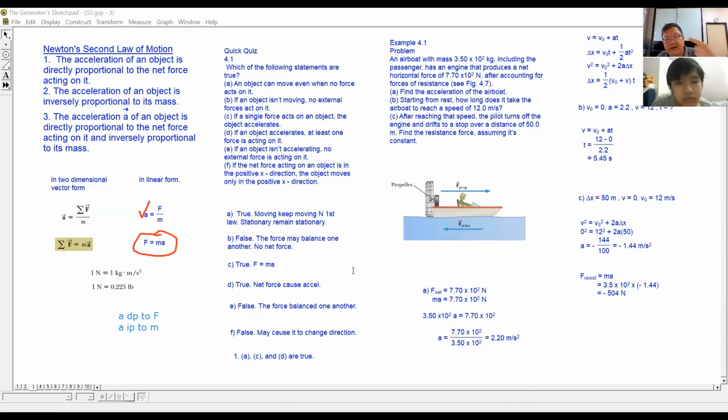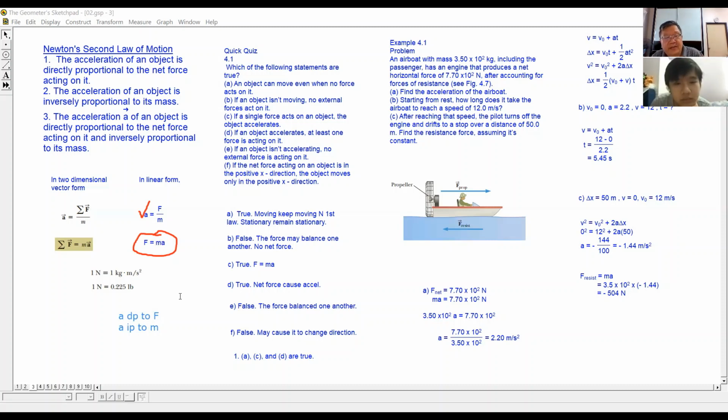So if we see the bigger the acceleration, then we know the bigger is the net force. And if we see that the acceleration is not so big, we know that the net force is not so big. Of course, another factor will be the mass of the object itself.